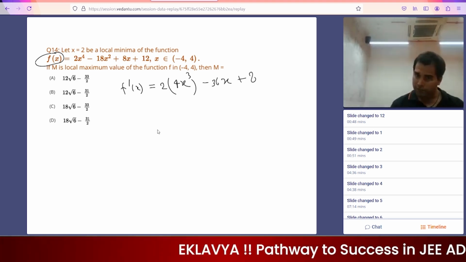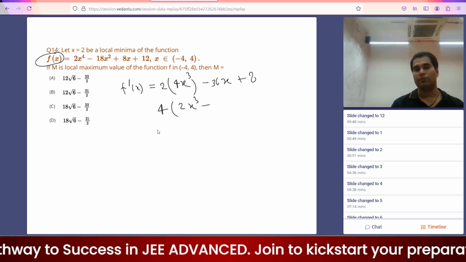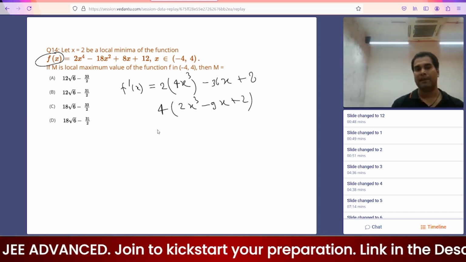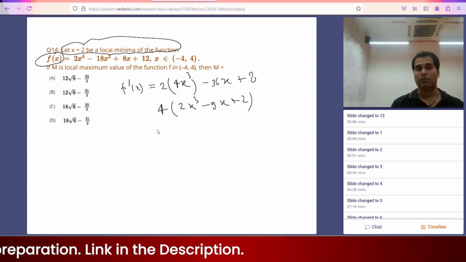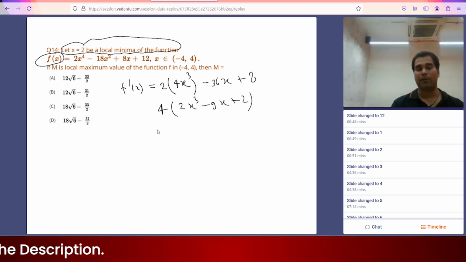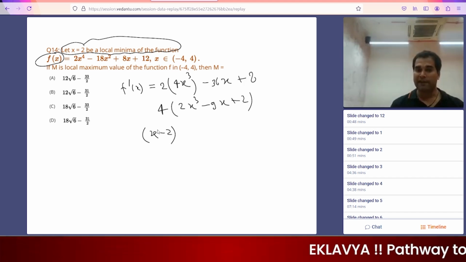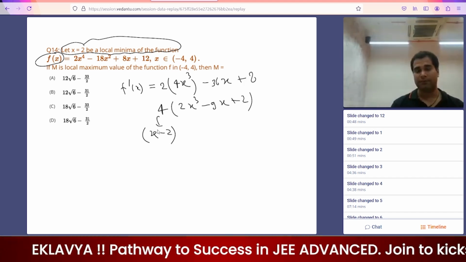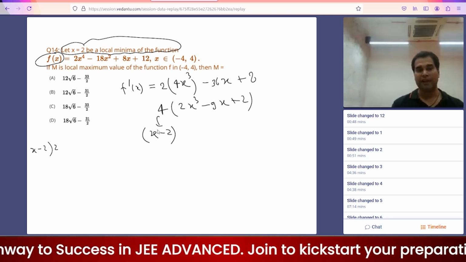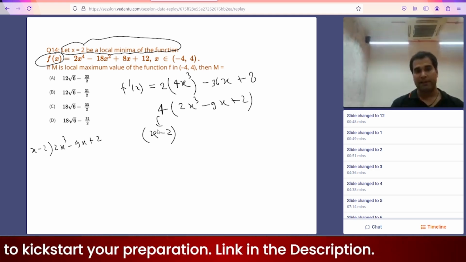Taking 4 common, we get 2x cube minus 9x plus 2. Given that x equal to 2 is a local minima, x minus 2 is a factor of 2x cube minus 9x plus 2.